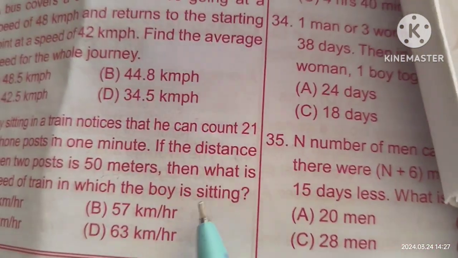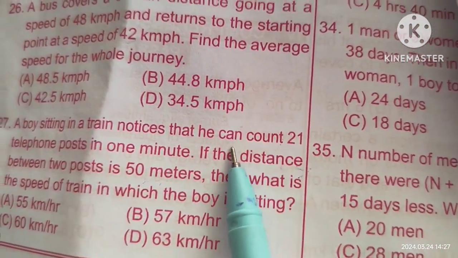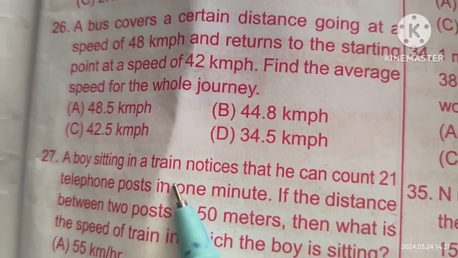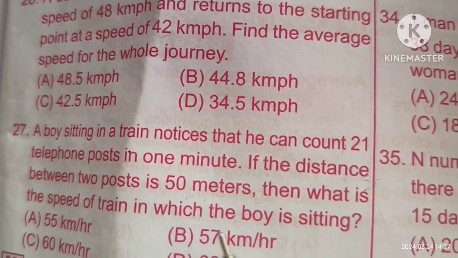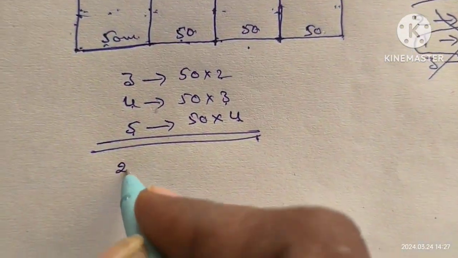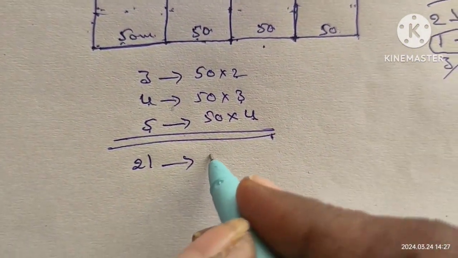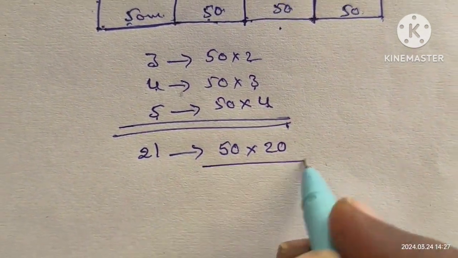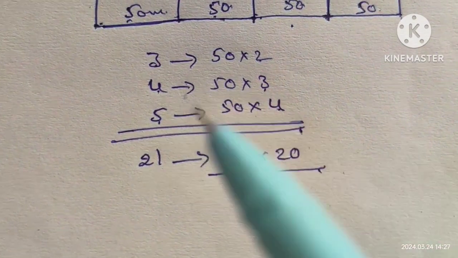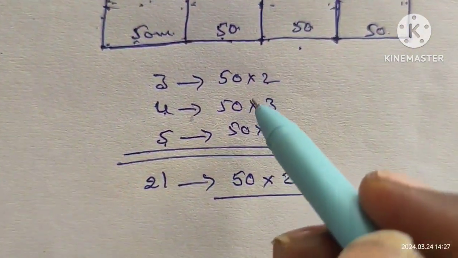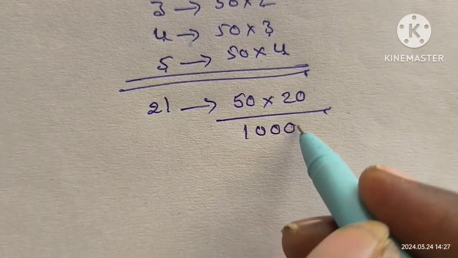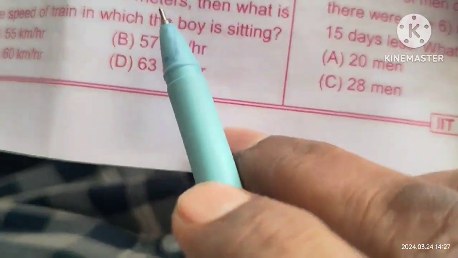So now in this question, he said he can count 21 telephone poles. So the distance between the 21 poles is 50 into 20 only, according to this one. Okay, it's a logical one. Then the value is equal to 1000 meters.